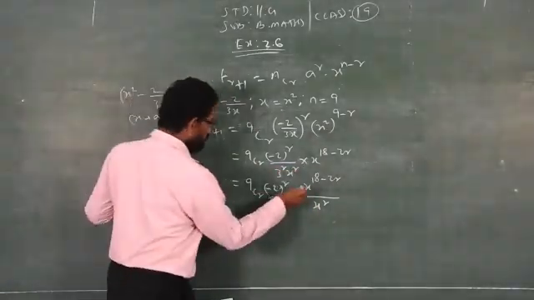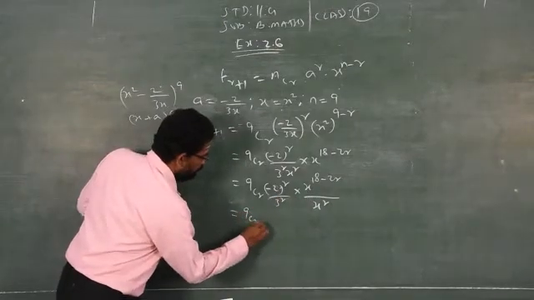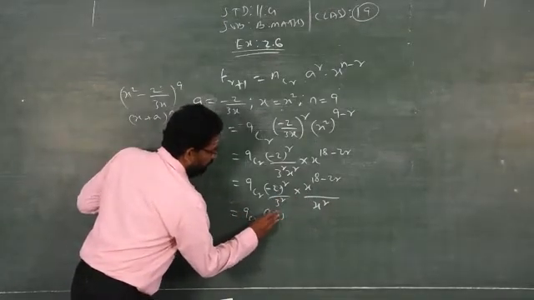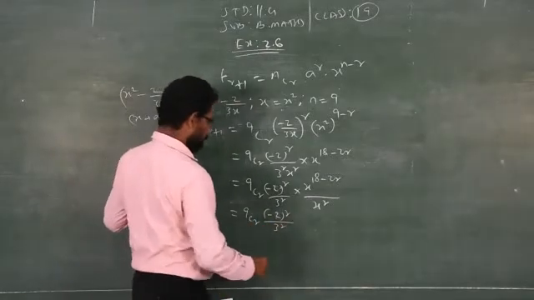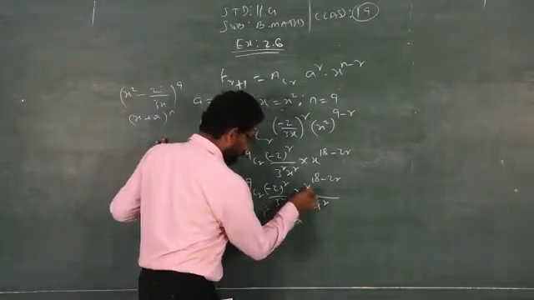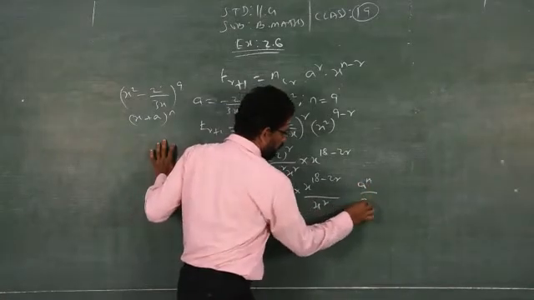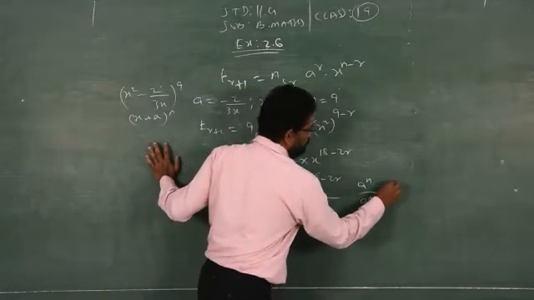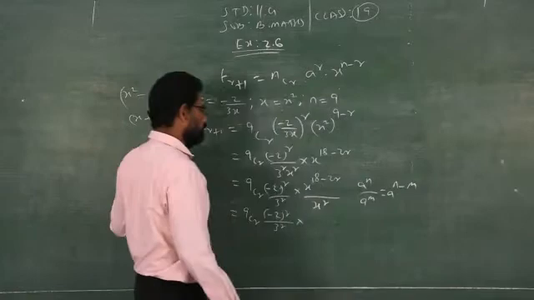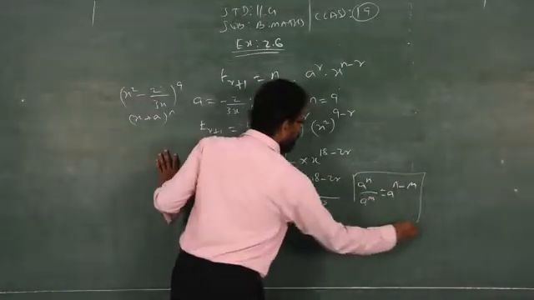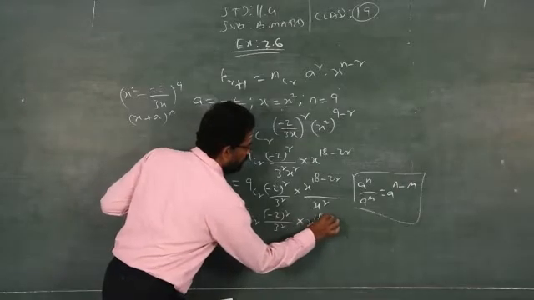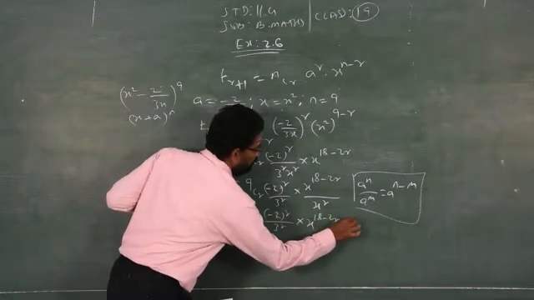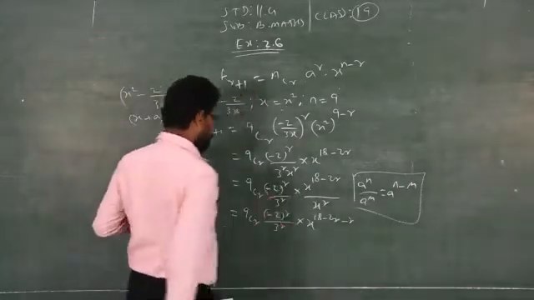So again the division rule, quotient rule in algebra: minus 2 power r by 3 power r. a power n by a power m can be replaced by a power n minus m. Based on this property, I am replacing x power 18 minus 2r, and the power becomes minus r.